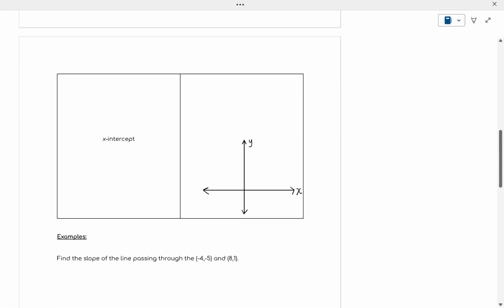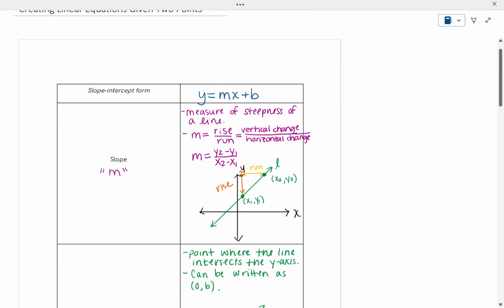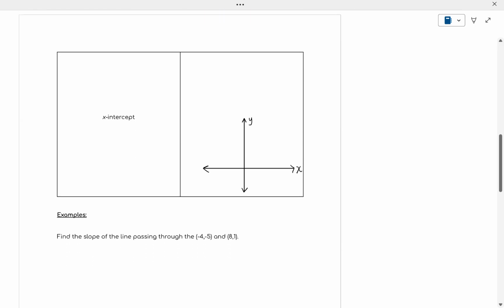And so what do you think the x-intercept is? It's just the point where the line intersects the x-axis instead. So let me change my color here. So the x-intercept is the point where our line intersects the x-axis.